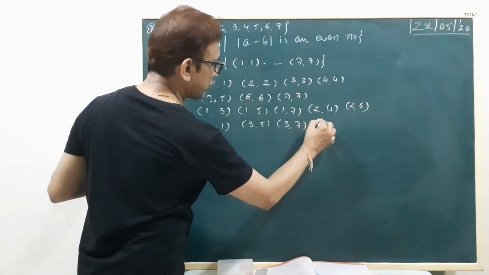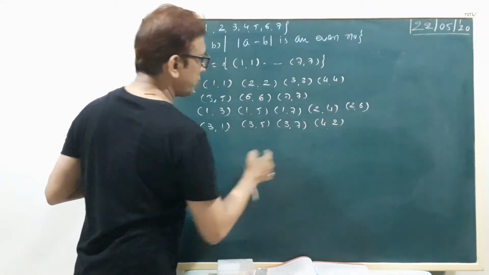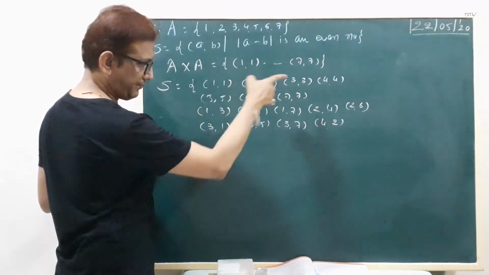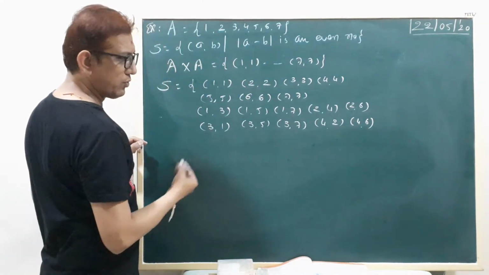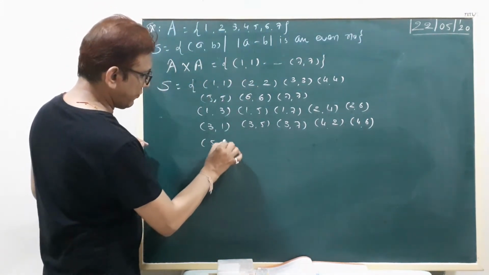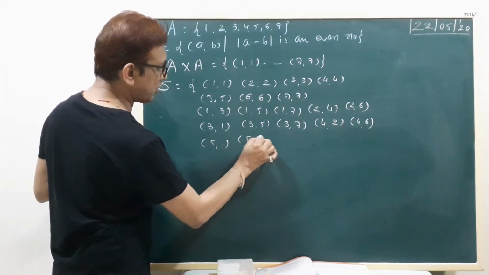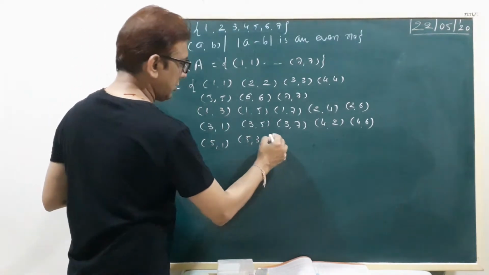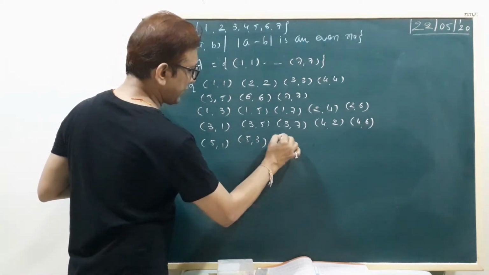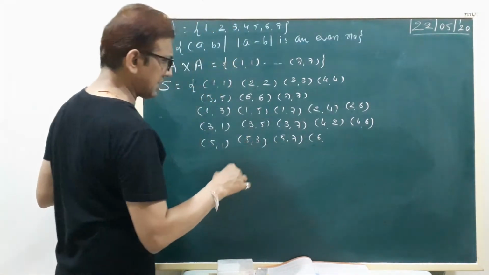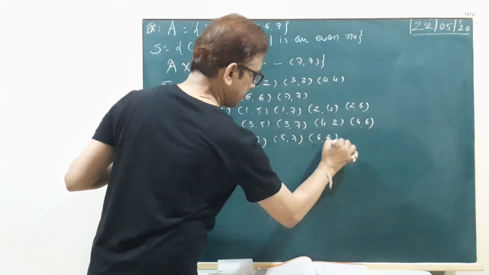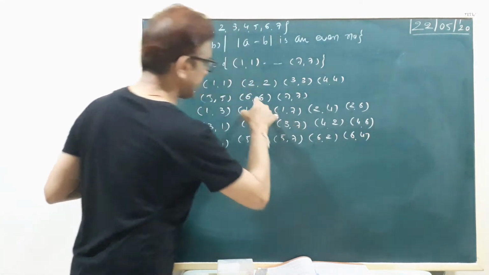Now the fourth line. (4,2) possible, (4,4) is given, then (4,6). (4,7) is not possible. (5,1) possible, (5,3) possible, (5,5) is already there, then (5,7). Sixth line: (6,1) not possible, (6,2), (6,4), (6,6) is given.